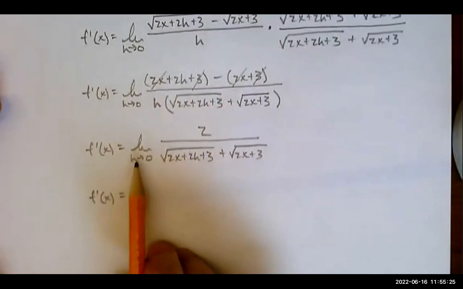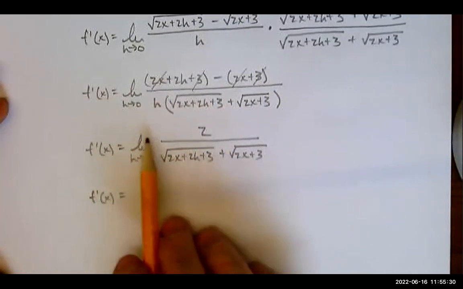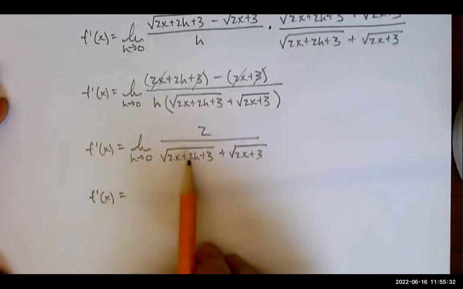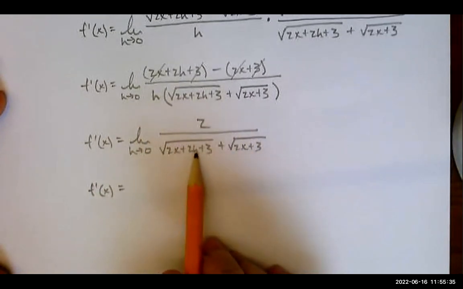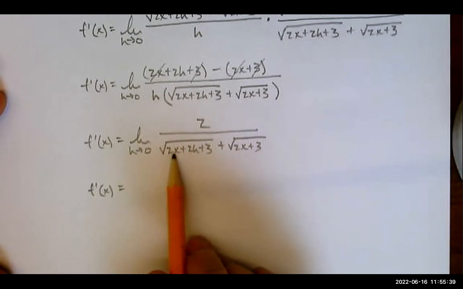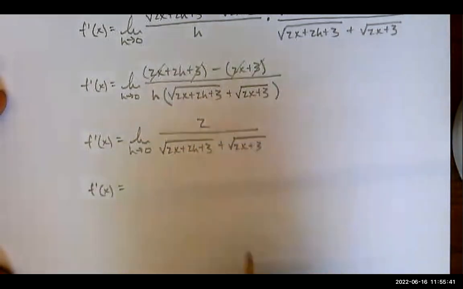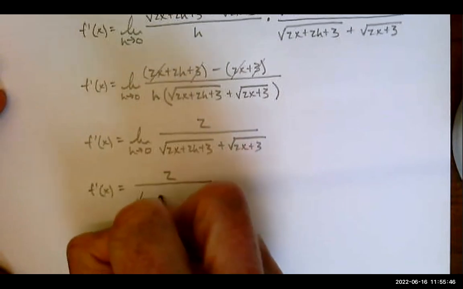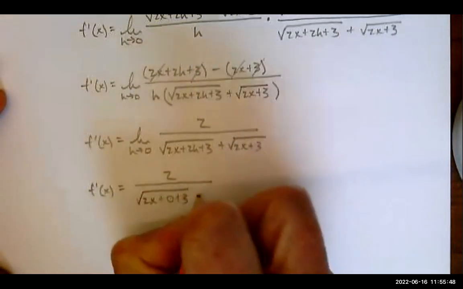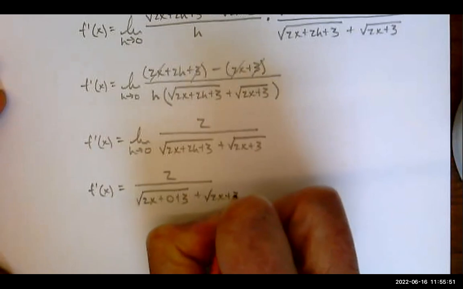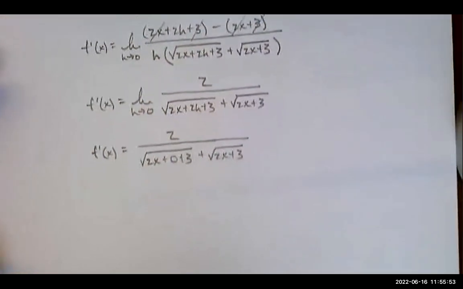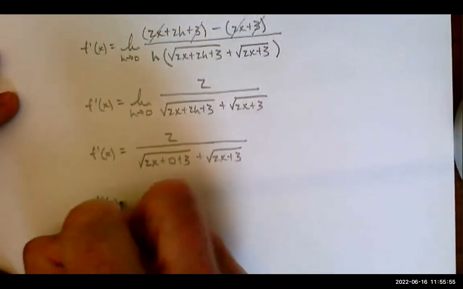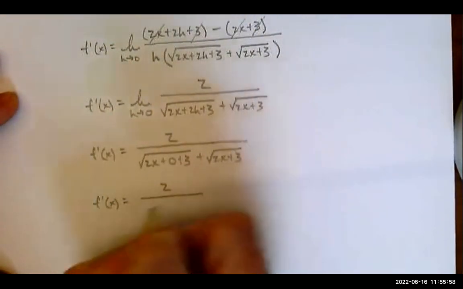And now finally, I'm going to plug in h equals 0. So I should not write the limit as h approaches 0 any longer. When that goes in, notice that the 0 is going to go away completely. And what will it be? The square root of 2x plus 3 plus the square root of 2x plus 3. Let's write it all out. So there'll be 2 of them.